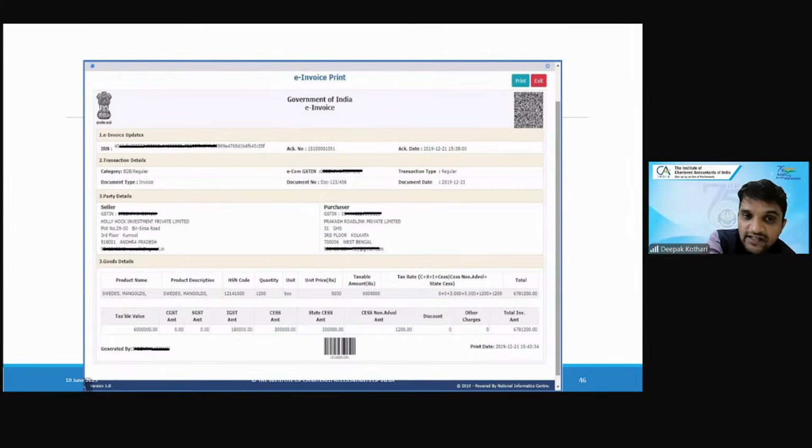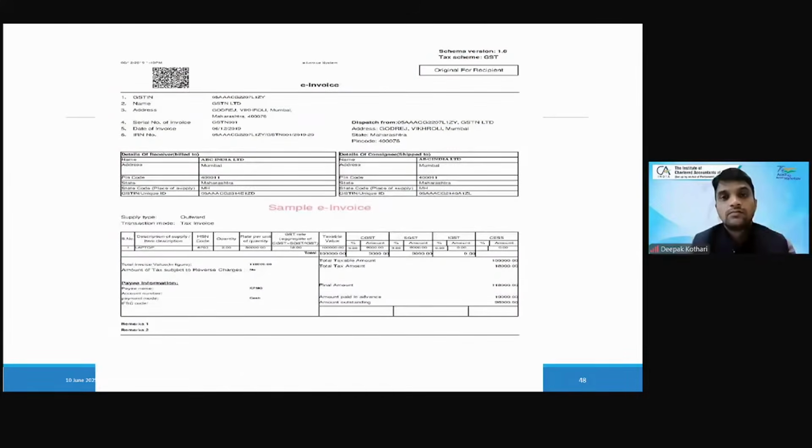If he is having 10 different sales to one customer, then he will be able to consolidate those small invoices. Clear?